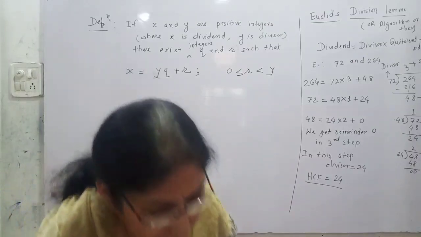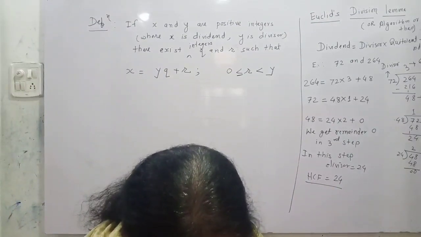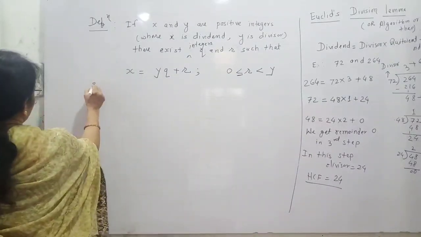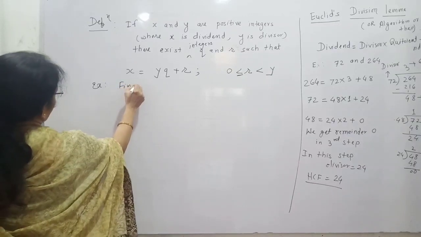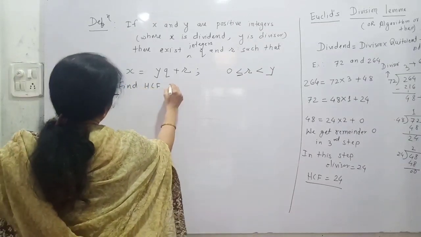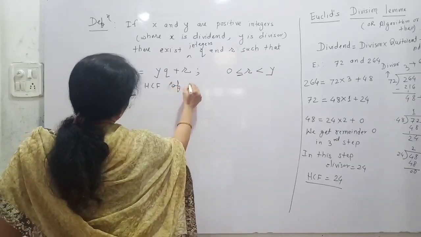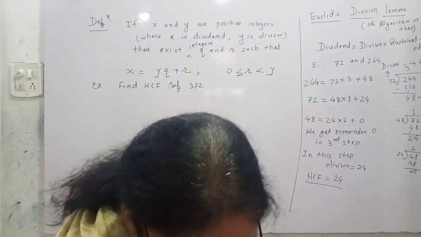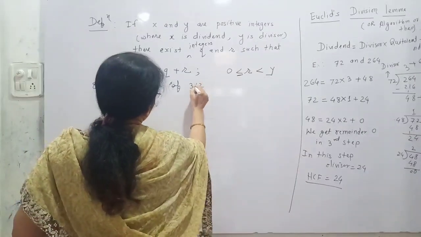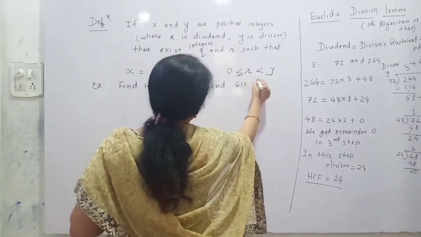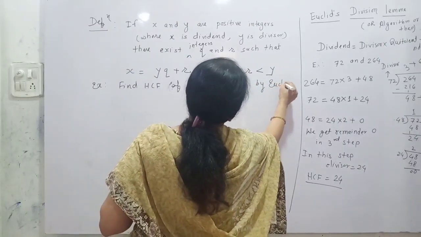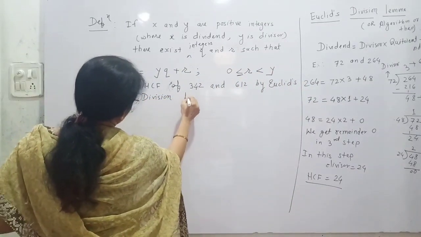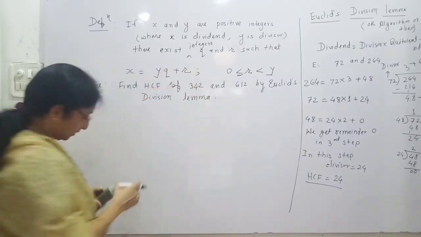So find HCF of 372, 342 and 612 by Euclid's division lemma.